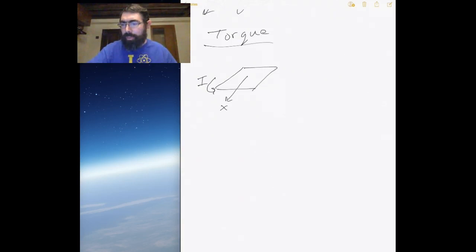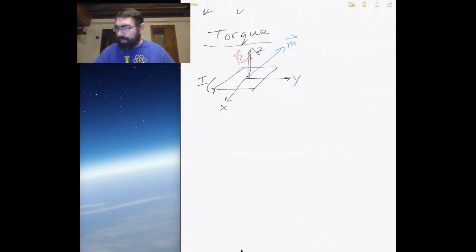I can draw out my coordinate system, like this. The magnetic moment is going to be pointing in this direction. Let's say, just to make life easier, we'll let the magnetic field be pointed in the z direction.